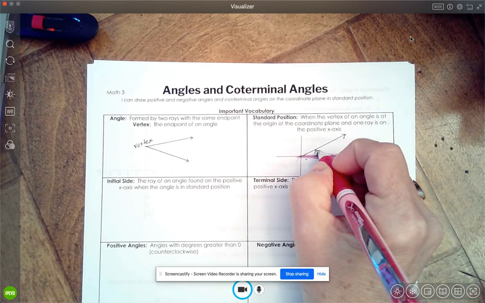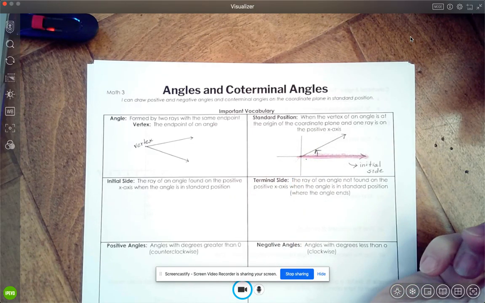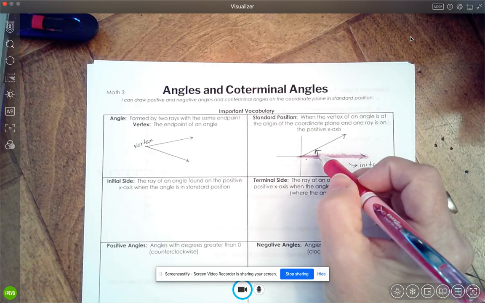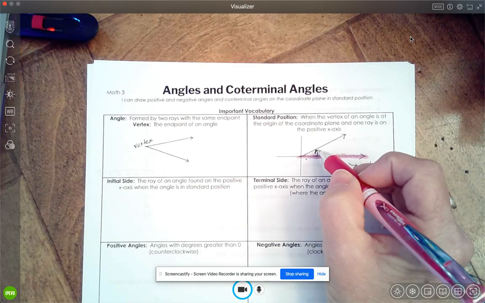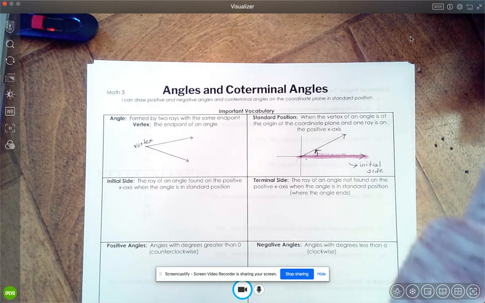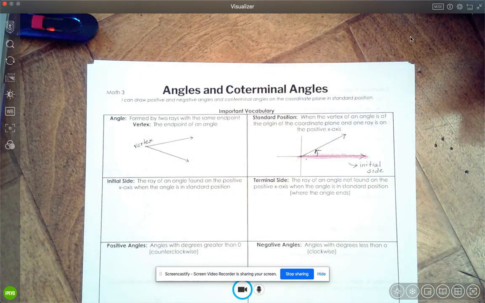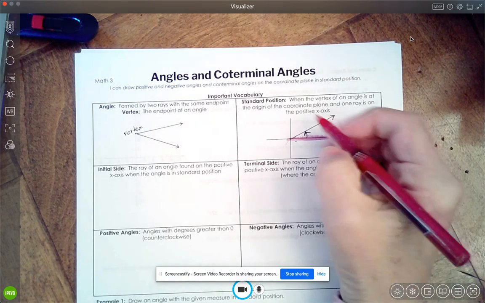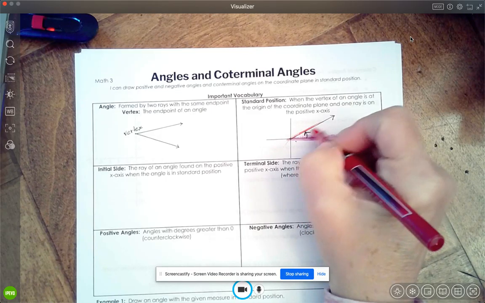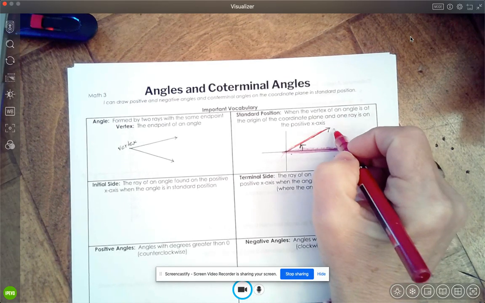I need to put an arrow because we could go either way. But this is where I started. My angle is moving like that. So up here then would be my terminal side.